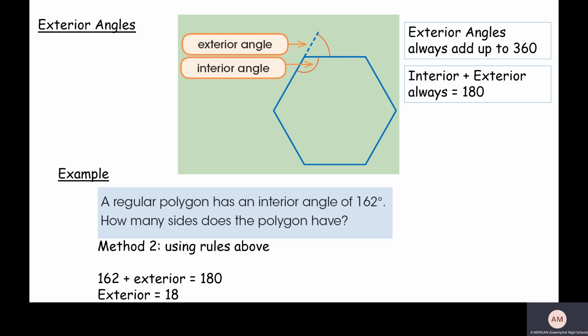So if the exterior angle is 18 and all the exterior angles add up to 360, to figure out how many sides it is, I just got to divide them. 360 divided by 18 means it's got 20 sides, because it needs 20 of those 18-degree angles to make 360. So it's always much easier to use these rules than to rely on a table, because the table's incomplete and requires you to memorize it.